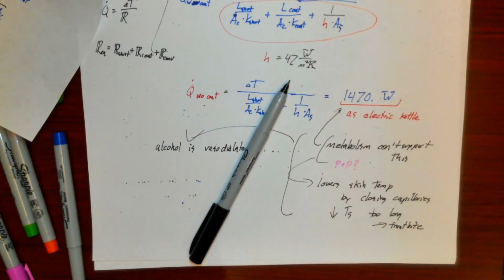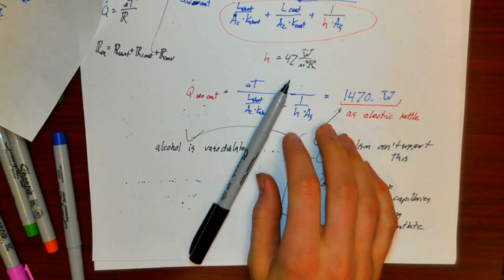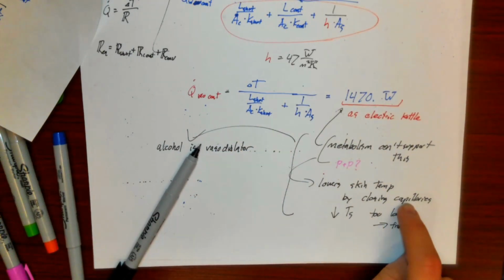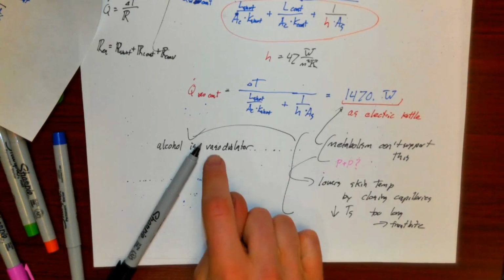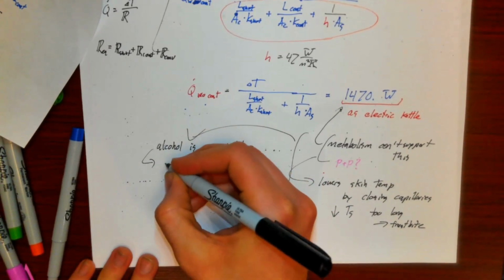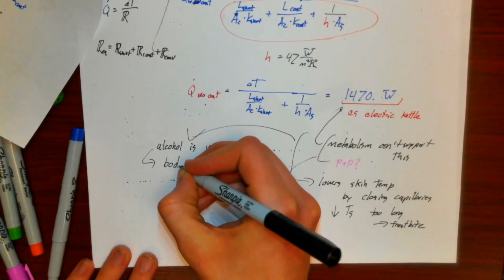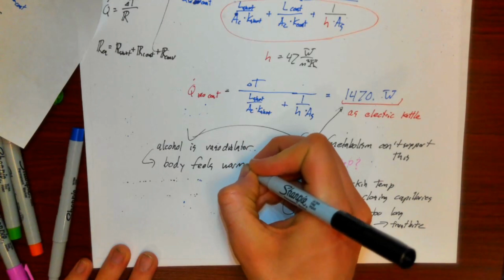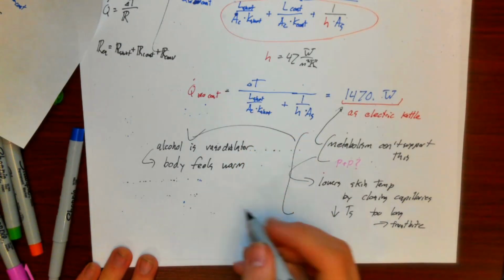So some people might say, "Oh, have a drink; it'll keep you nice and warm." Yeah, you'll feel warm. You'll feel warm because your body won't be cutting off those capillaries.